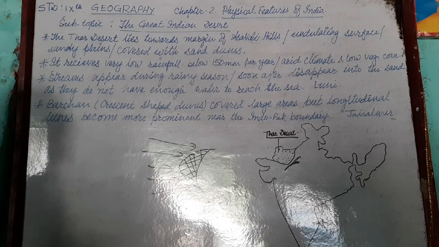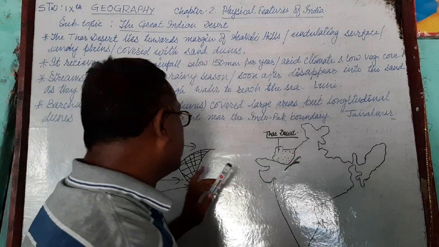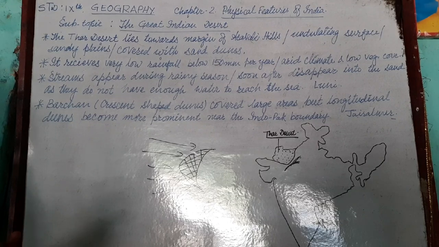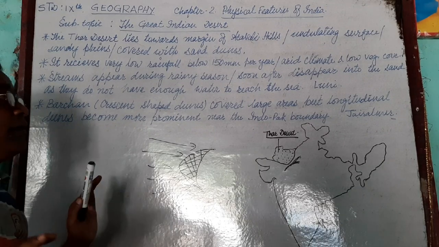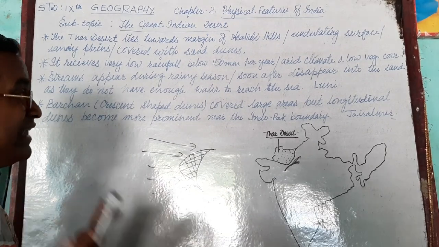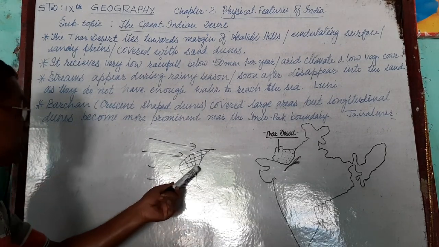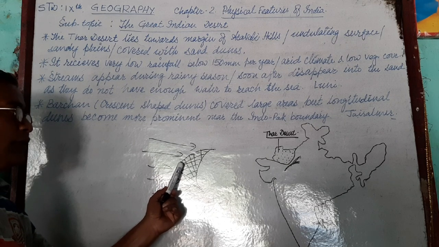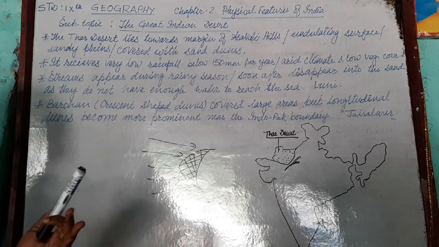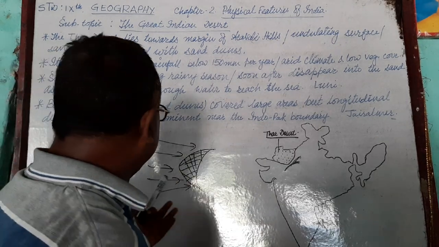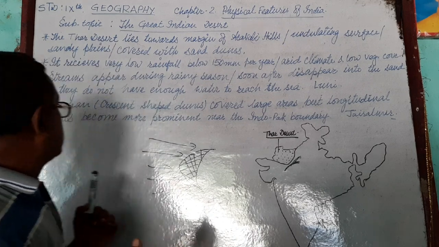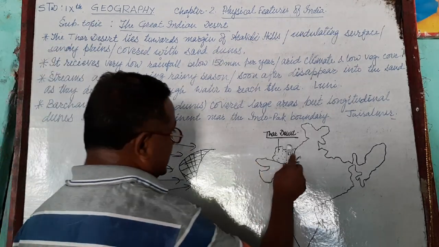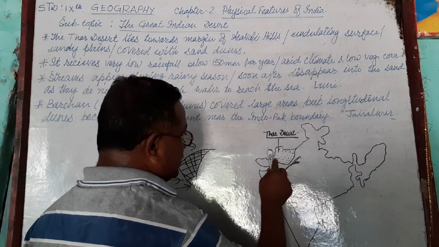This Barkhan covers large areas. In this Thar Desert, Barkhans are available over large areas, and they are also prominent near the Indo-Pak boundary, between India and Pakistan.